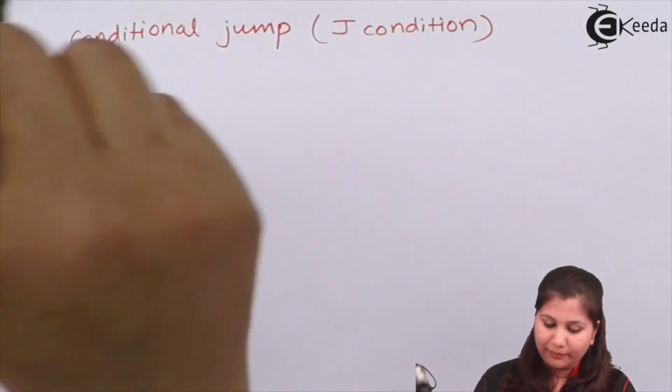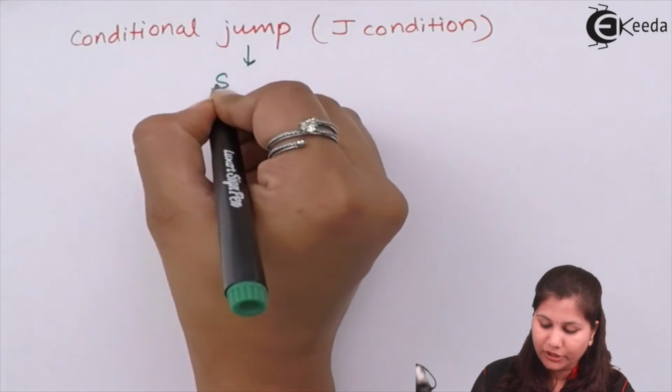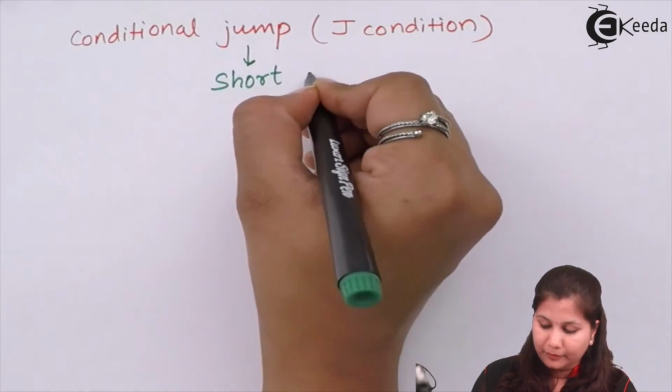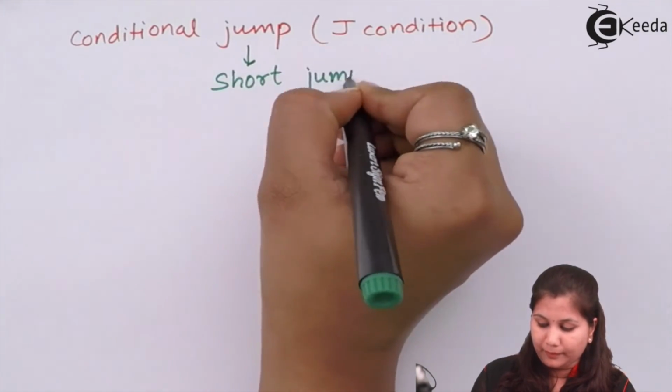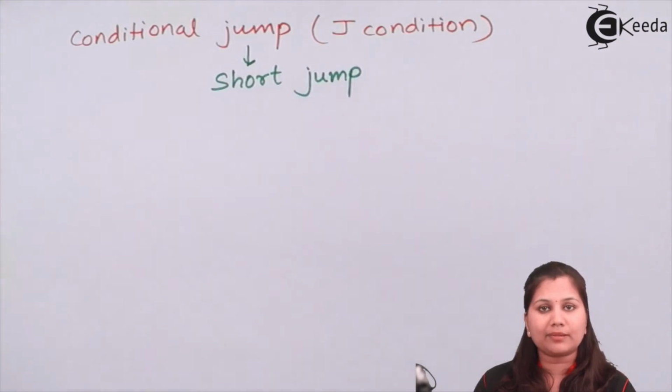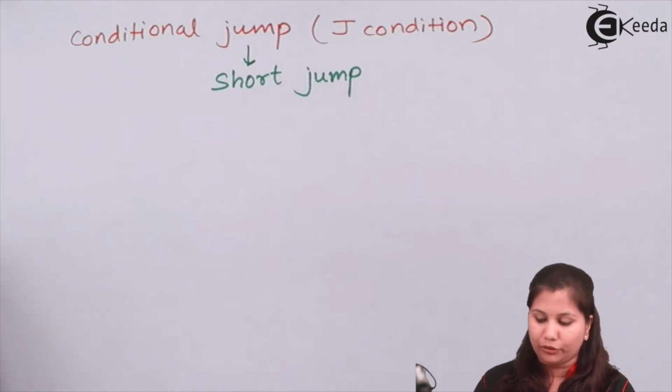Here the jump will always be a short jump, means in the same segment the microprocessor is going to transfer the program control.